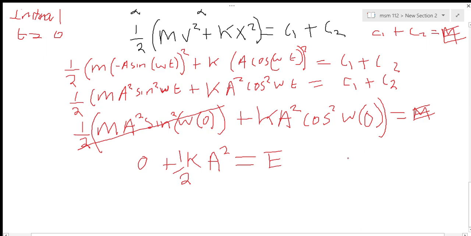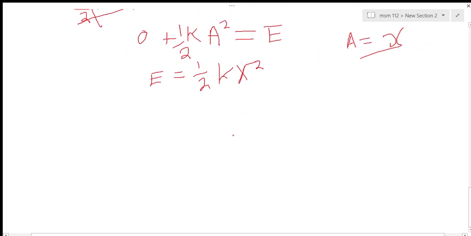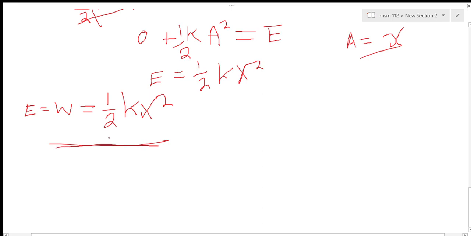Then amplitude is just the same as x, so E is equal to half k x squared, as you can see. E is now equal to the work we were given, which is equal to half k x squared.